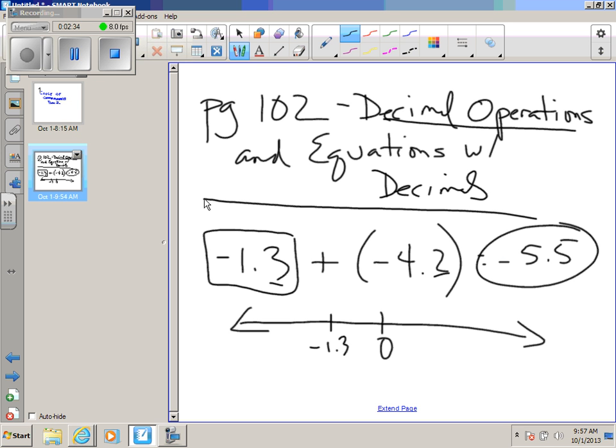But this works differently. The key is when you know you're adding, you move that way. When you know you're subtracting, you move that way from your starting point. Okay? So let's take a look at one.